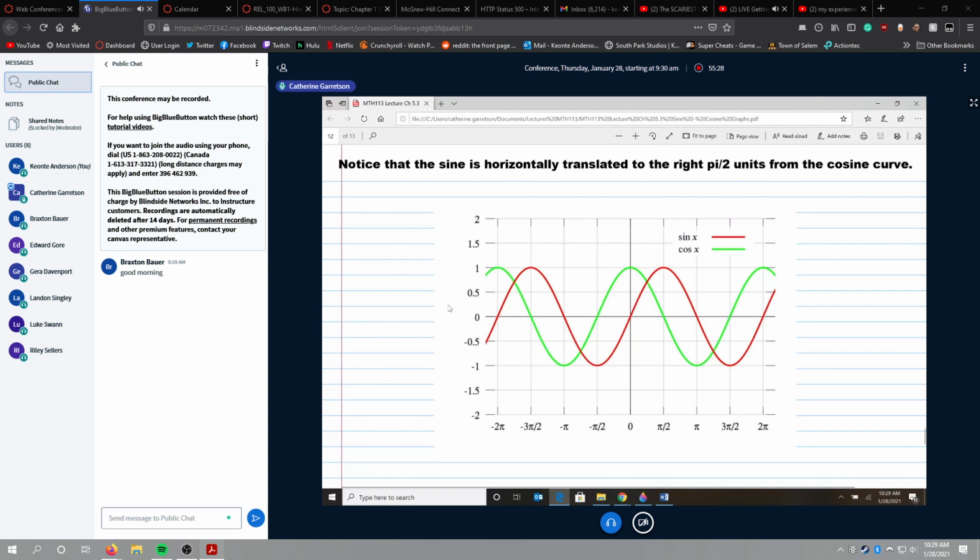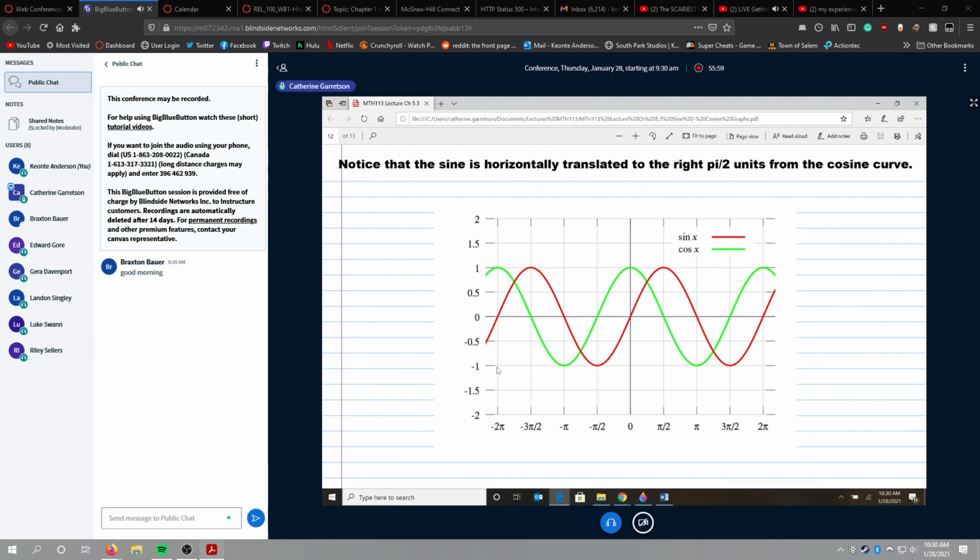So while the red was the sine graph, which goes up to 1, down to -1, and has a period of 2 pi, the cosine is the same. The base cosine goes up to 1 and down to -1. It's showing the half ones in between.